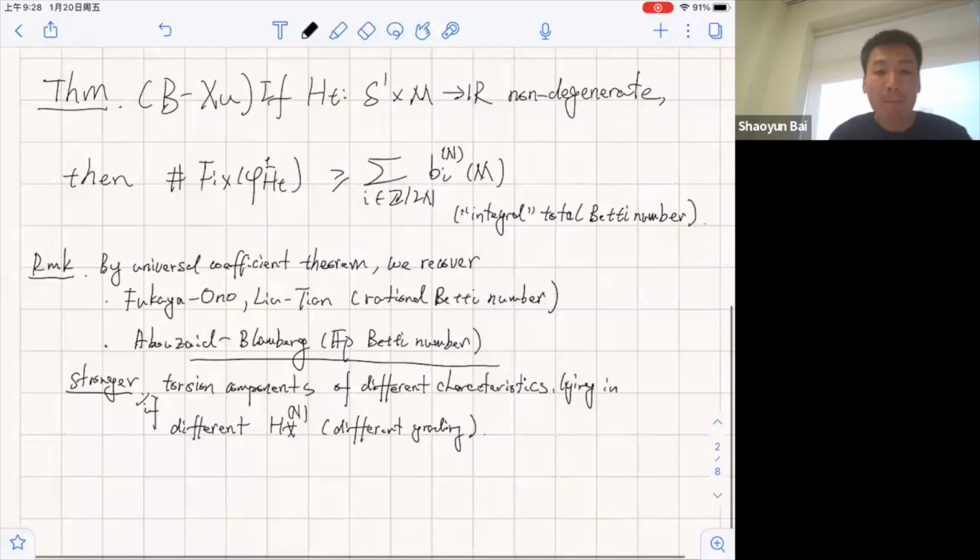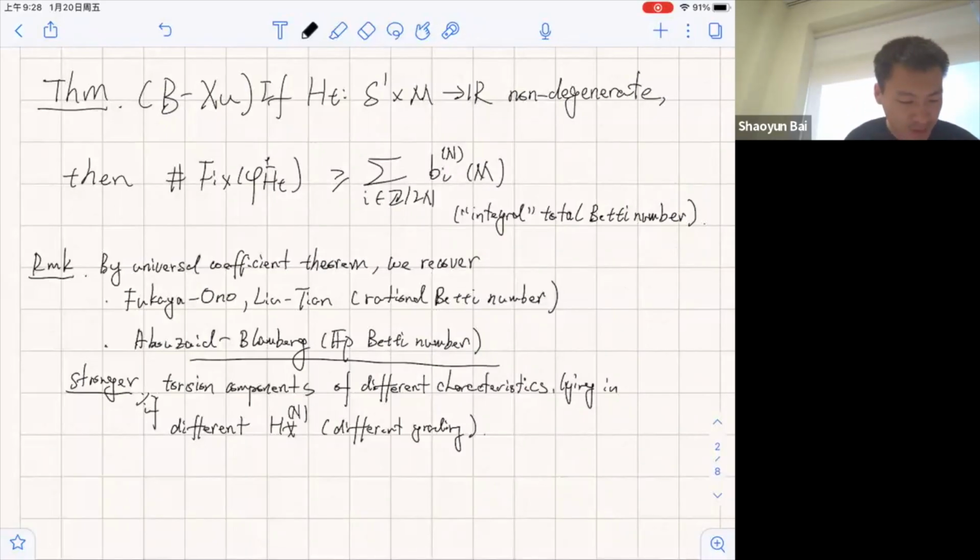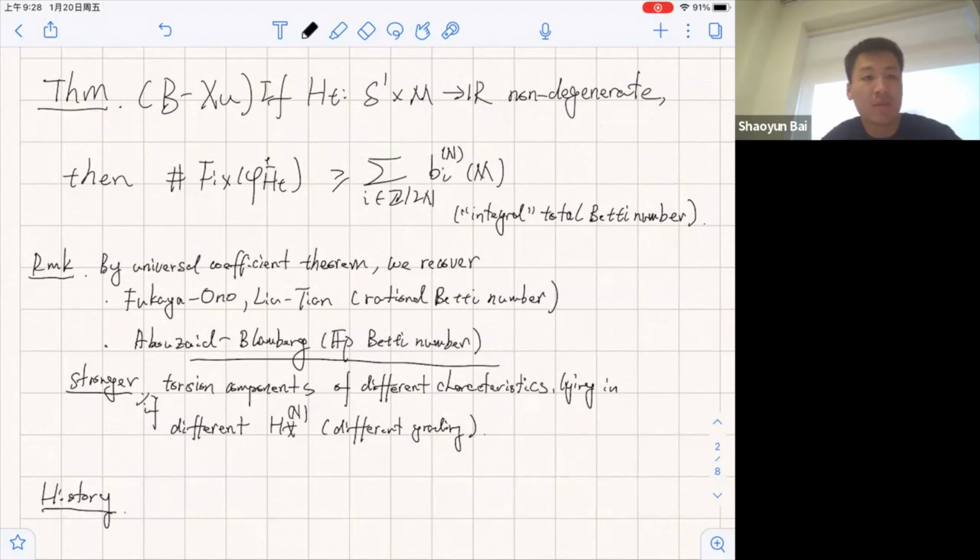Good. Of course, when we talk about the Arnold conjecture, I'd like to mention some history. This is a very incomplete list. Historically, a statement of this form was first established by Conley-Zehnder in the case of the two-dimensional torus.